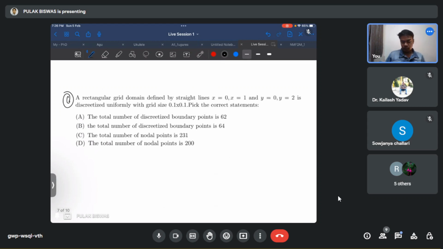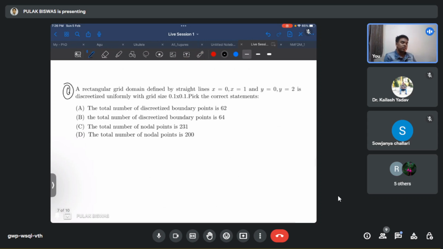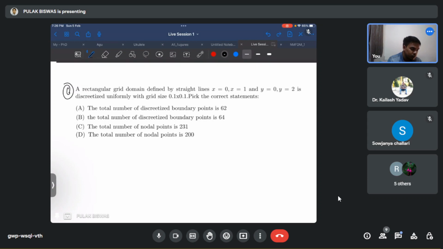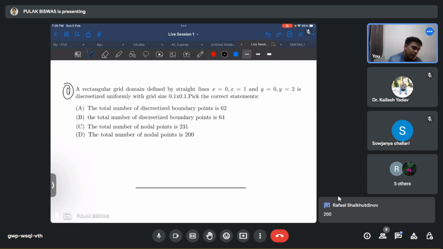This is simpler. Can you tell me the answer for this problem? A rectangular grid is there by straight lines like x equal to 0, if this is x and if this is y.